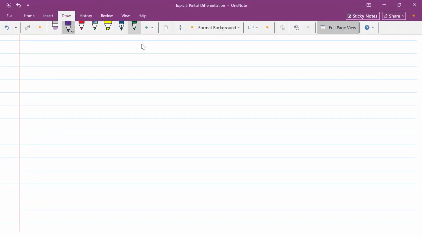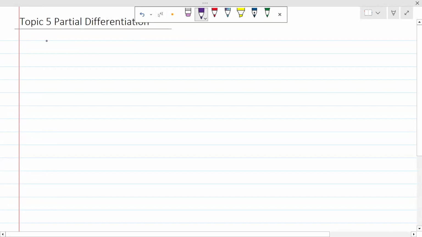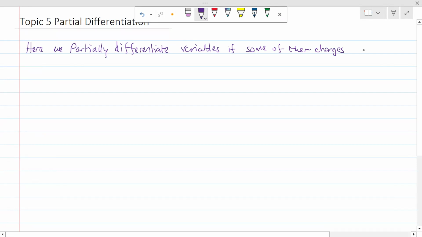Okay, now partial differentiation. So we are interested in partially differentiating variables if some of them change.